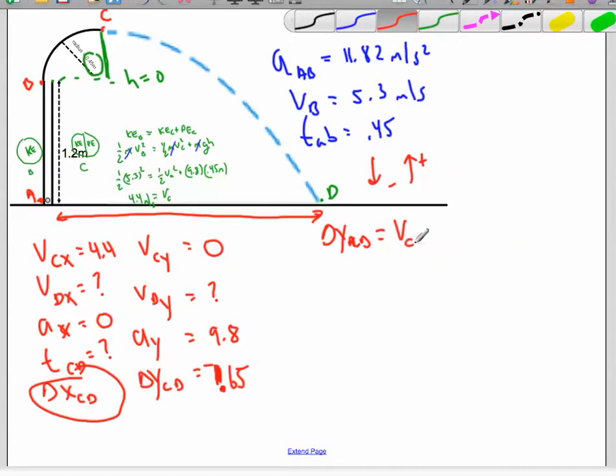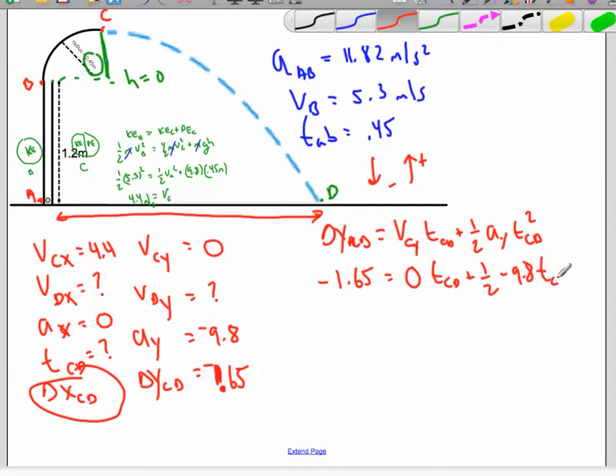So delta y equals v_cy times time C to D plus 1/2 acceleration y times time from C to D squared, and then putting the numbers in, negative 1.65 equals 0 times t_CD plus 1/2 negative 9.8 times the time from C to D squared. And if you solve for the time from C to D, you get 0.58 seconds.